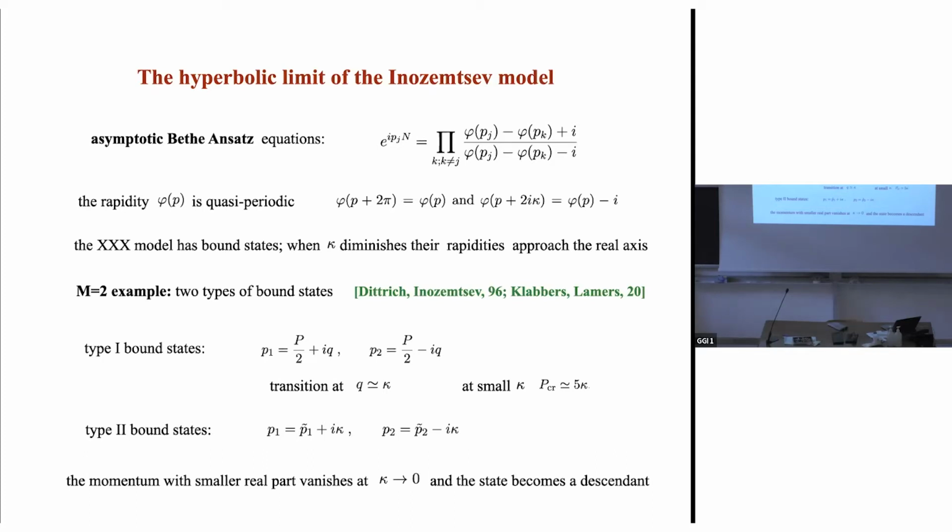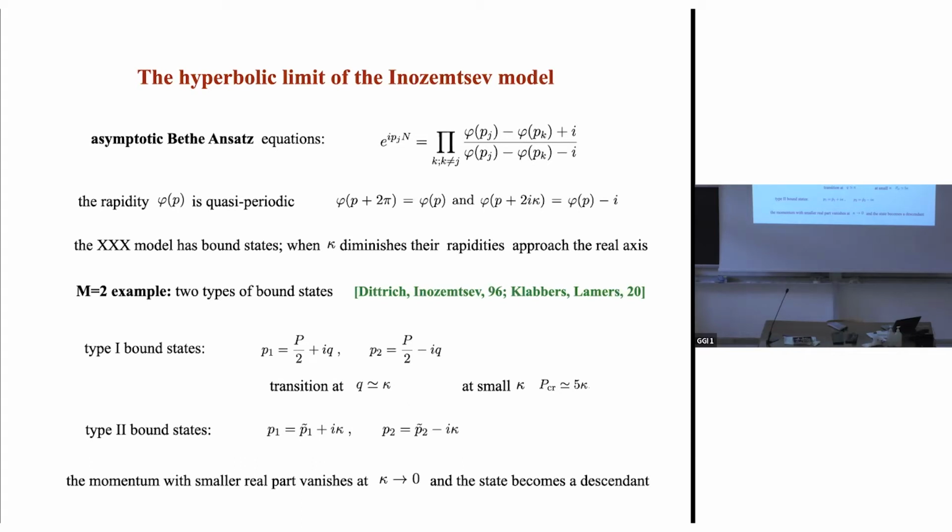If you take the simplest example of a bound state of two magnons, the bound state is a solution with imaginary part of the momentum. You see that there are two types of bound states. The first is the one that we know from the Heisenberg model: you have two momenta with the same real part and opposite imaginary parts.